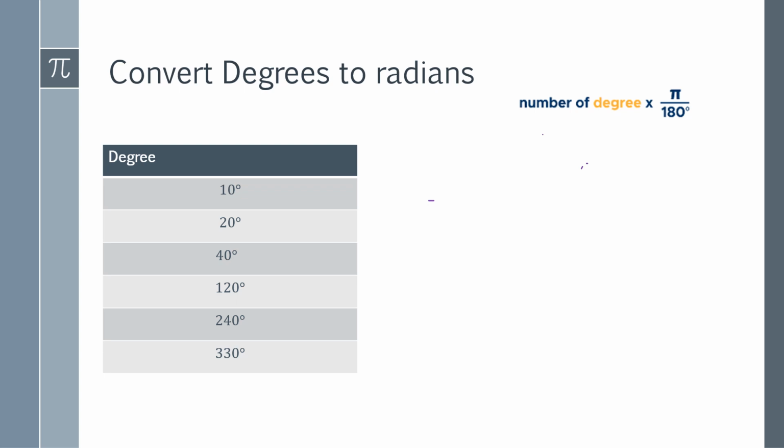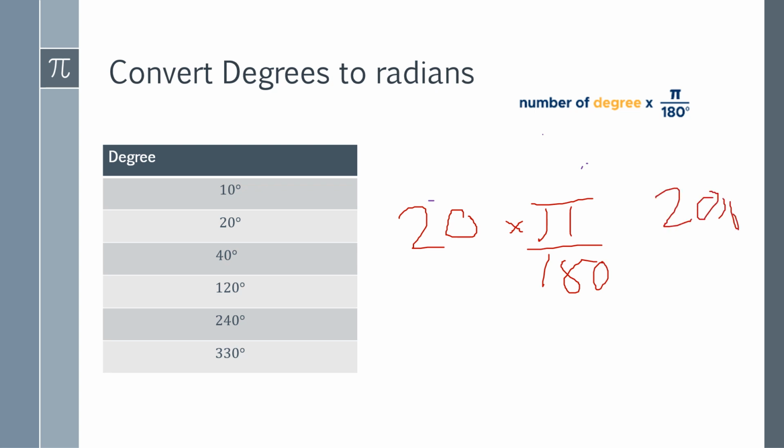Welcome back. Before I show you my answers, let's just do 20 degrees together. So 20 times pi over 180. So that's going to be 20 pi over 180.